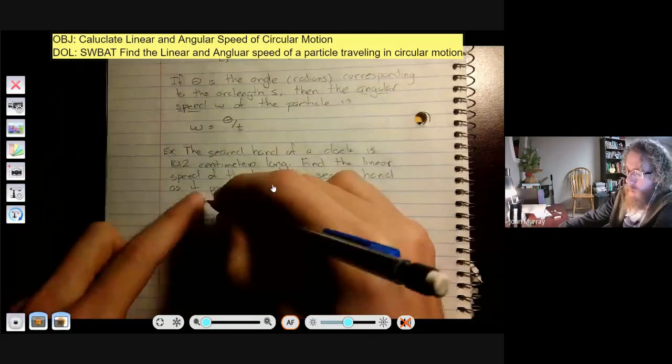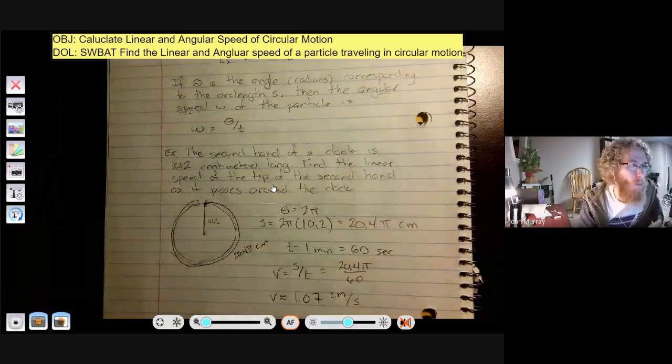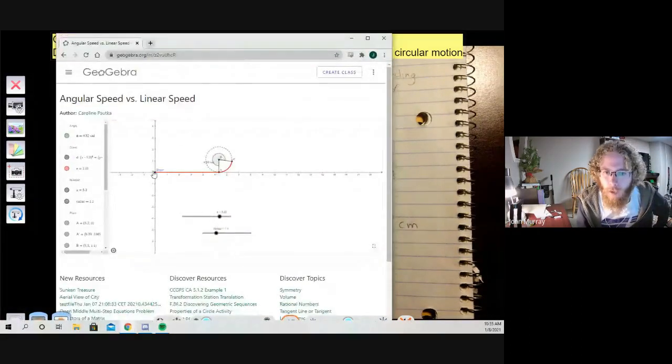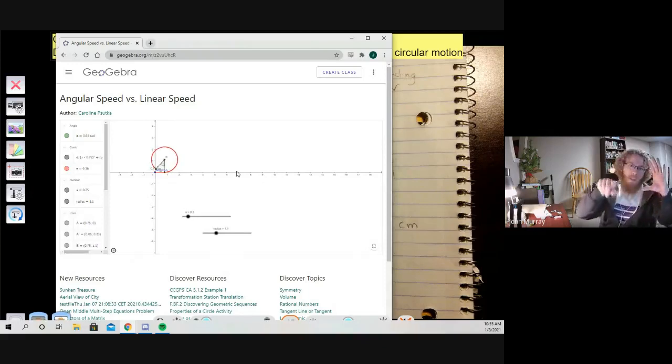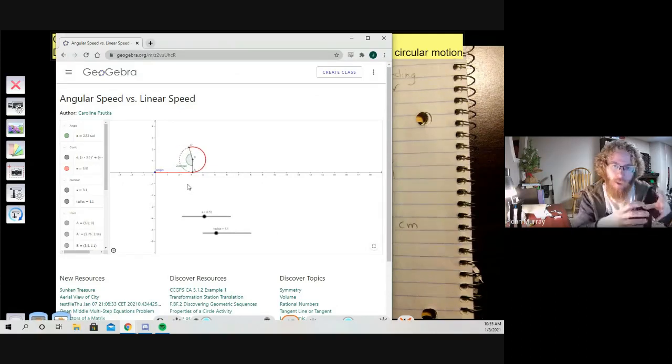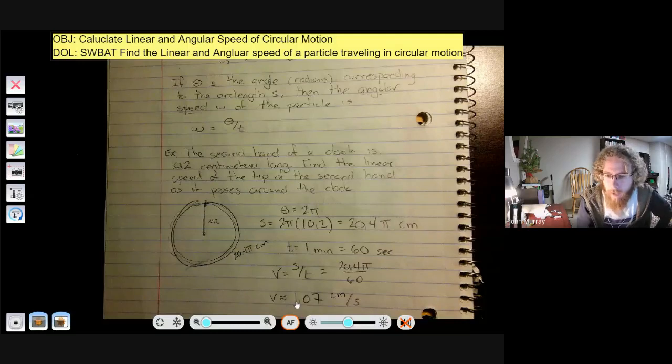If you laid this out flat, or if we looked at it like we saw in that example before, if you think of this as the second hand, and instead of watching the second hand go around, you follow it so the second hand is always pointing down, then your clock is going to be rolling pretty slowly, at almost 1 centimeter every second.